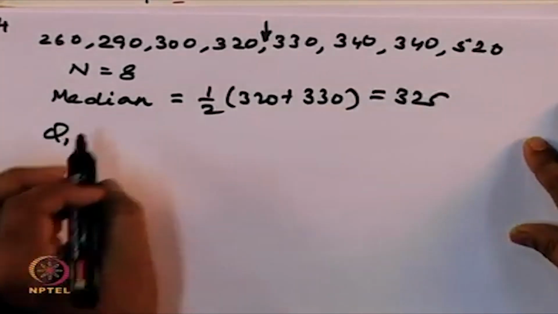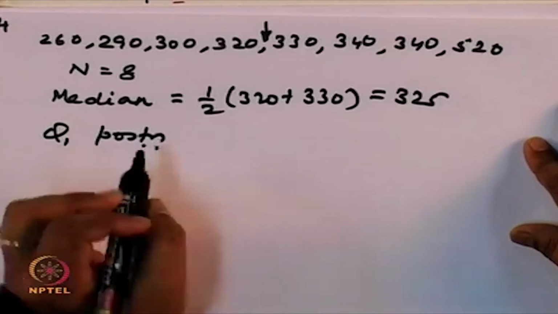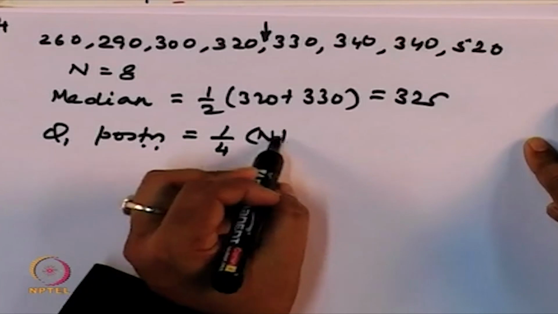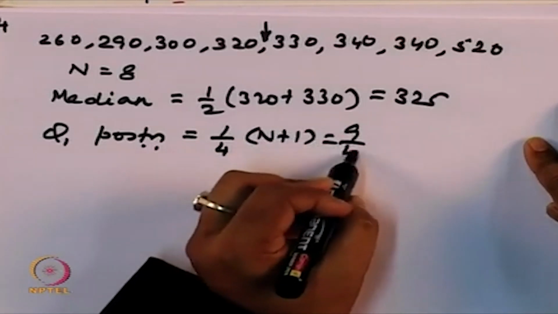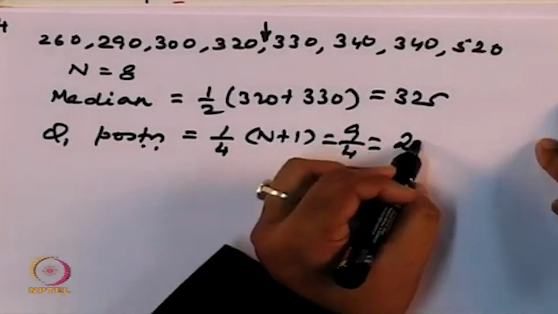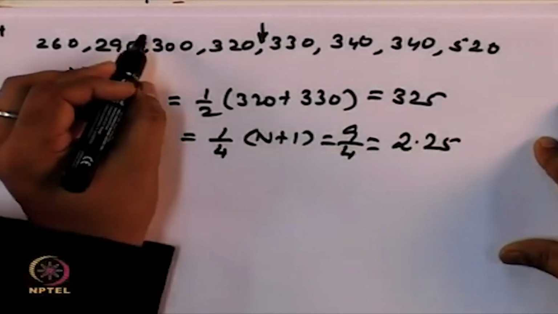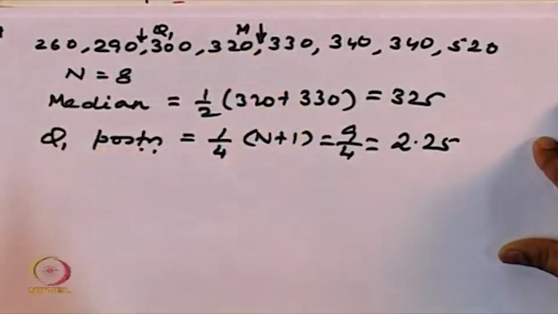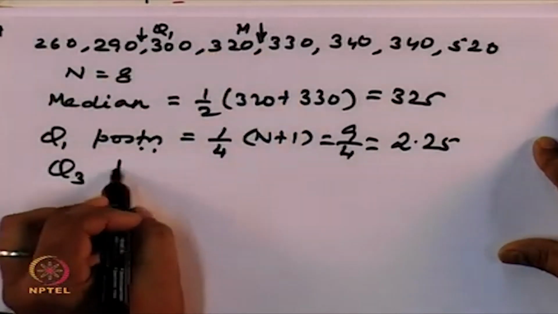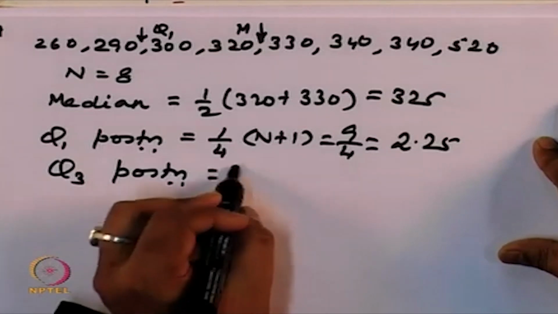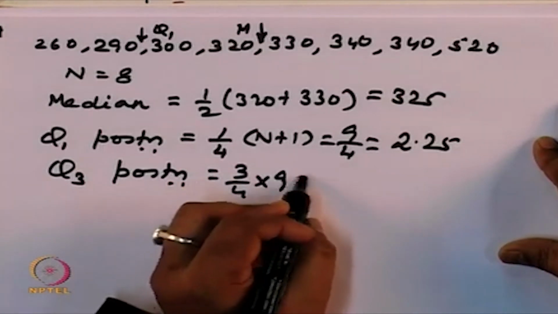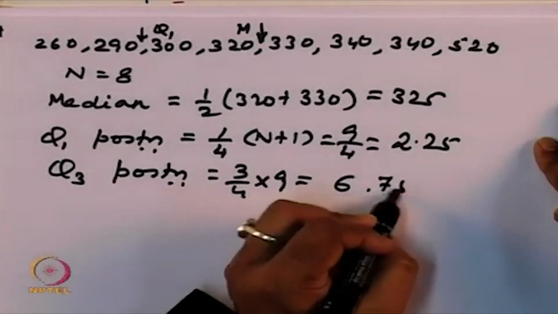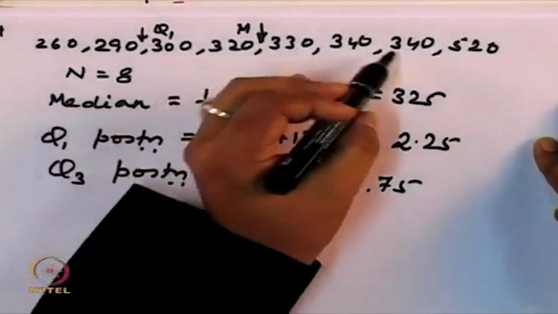The position of Q1 will be 1 times (n plus 1) divided by 4, that is 9 by 4, which is 2.25. So this is going to be the position of Q1, this is your median, and the Q3 position is going to be 3/4 into 9, which is 27 by 4, equal to 6.75.